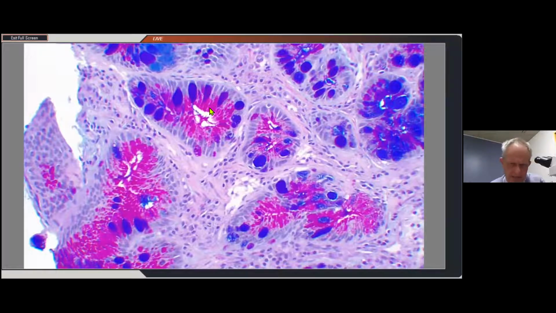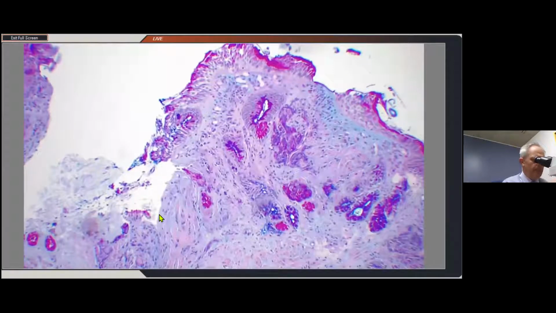And what this demonstrates is that we've got two types of mucin. The neutral mucins are staining magenta, whereas the acidic mucins, indicating intestinal metaplasia, are staining blue. So this is just a particular gland which I've shown you. You can see that there is varying expression of these goblet cells in these glands.